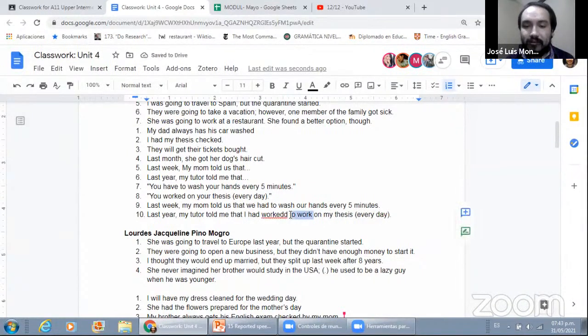And you delete this. Okay, so that is the change, Sharai. If it's simple present, it changes to simple past. Very good. If it's simple past, it changes to past perfect. Had plus verb in the past participle. I don't know if now it's a little bit clearer for you. Do you have any extra questions about this, Sharai? Let me know, please.